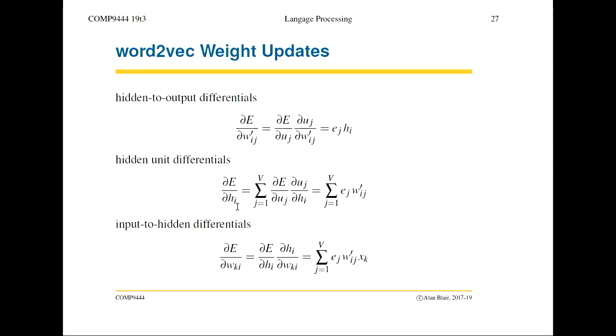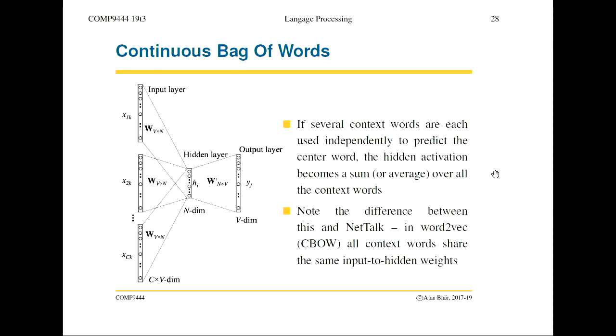Now, note the difference here between this and NETtalk. NETtalk was similar, but if you remember, NETtalk took the 3 preceding letters and the 3 following letters, but it treated each position differently. So it had one set of weights for the character that was 3 back, and a different set of weights for the one that was 2 back, and a different set for 1 back, so it had different weights for all these different positions.